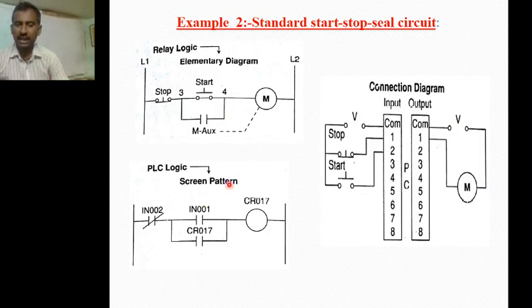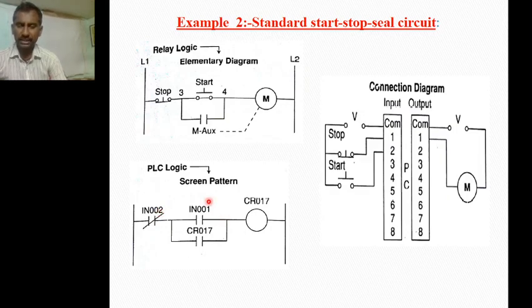And the PLC logic diagram is this one. Here the start button is represented by the contact IN001, and the stop button can be represented with contact number IN002. Since it is a normally closed push button switch, we represent the stop button with a normally closed contact.